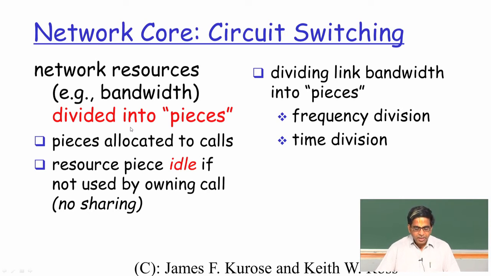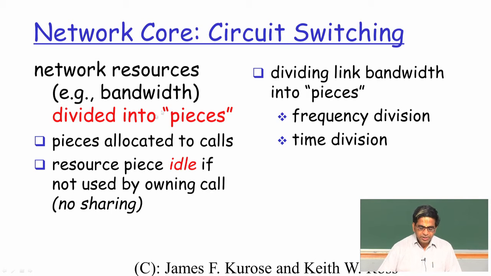So, there are certain disadvantages with going for a circuit switching approach, because of which today you do not really find much circuit switching when you talk of computer networking.